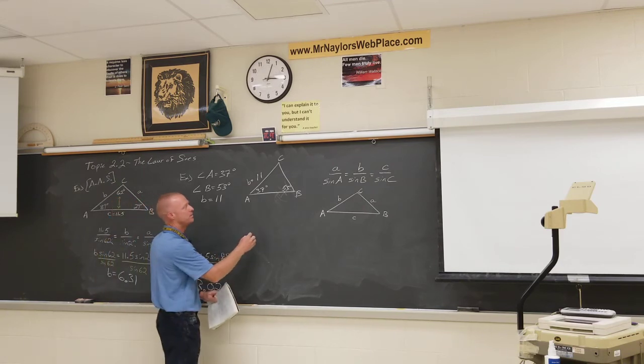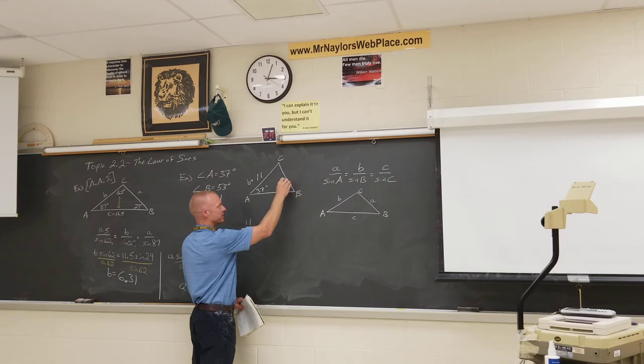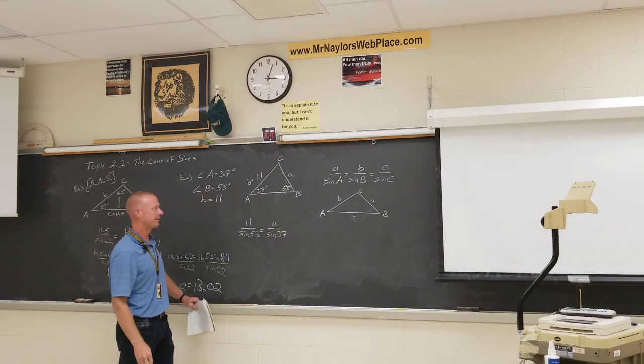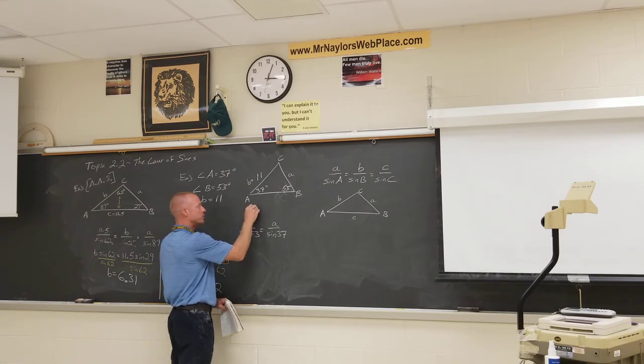A lot of times people start with the matching data, 11 and the sine of 53. The next thing that we have here is angle A, so we can say A is over the sine of 37. If you want, you could do the problem in 2 steps.